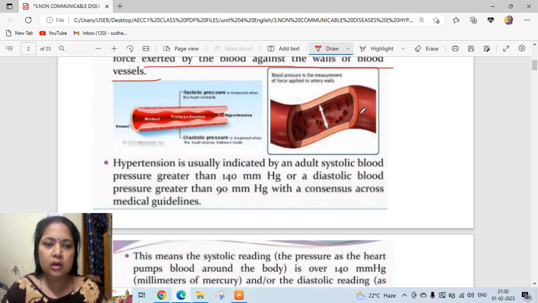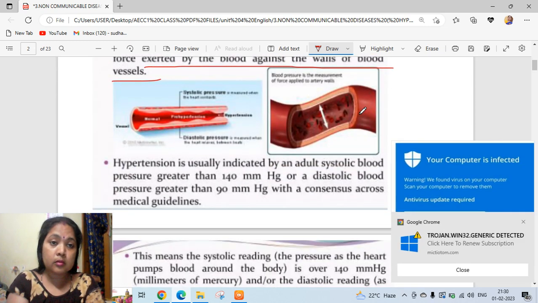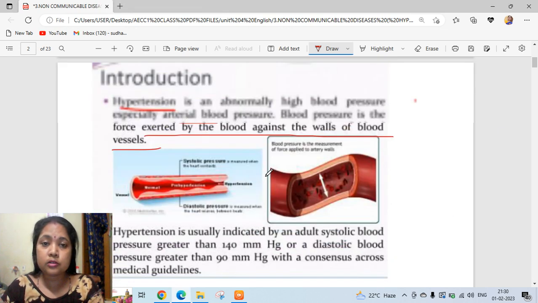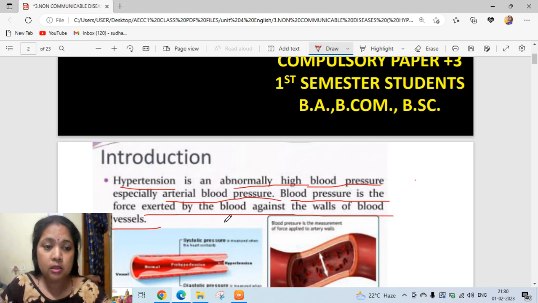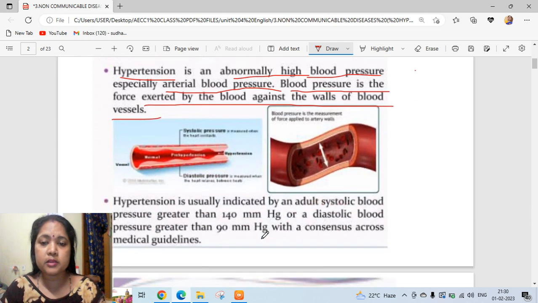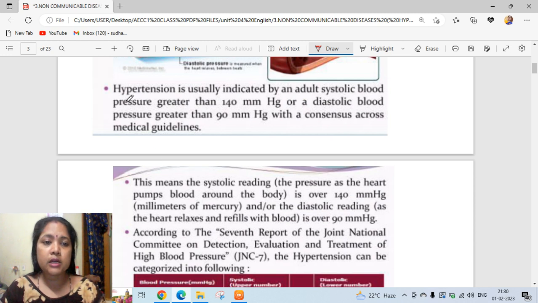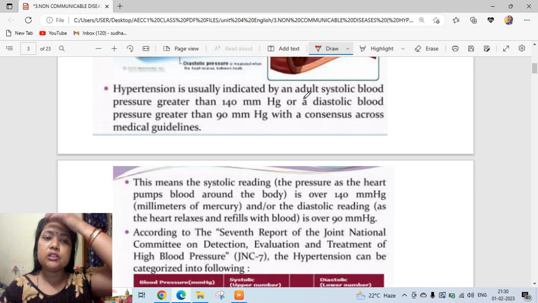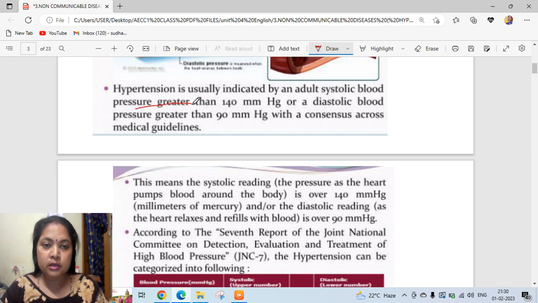This is the picture of how the force is exerted by the blood against the walls of blood vessels. And hypertension is usually indicated by an adult systolic blood pressure greater than 140 mm mercury, or a diastolic blood pressure greater than 90 mm mercury, with a consensus across medical guidelines.